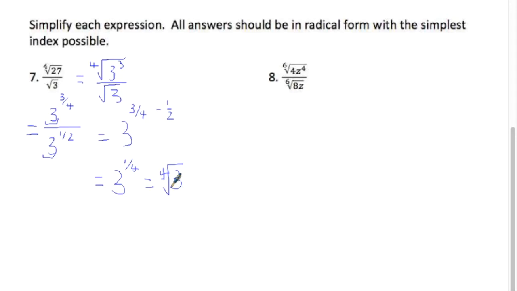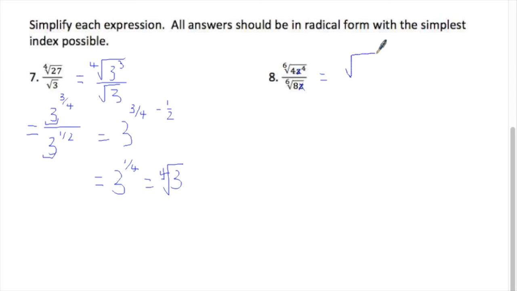We'll use the same idea to simplify this one. For reasons that will become clear later, this problem has a lot of 2's, so I'm going to change these to x's. So let's say these are both x. Just like we did here, where we changed the 27 into 3 cubed, here 4 and 8 are both powers of 2.